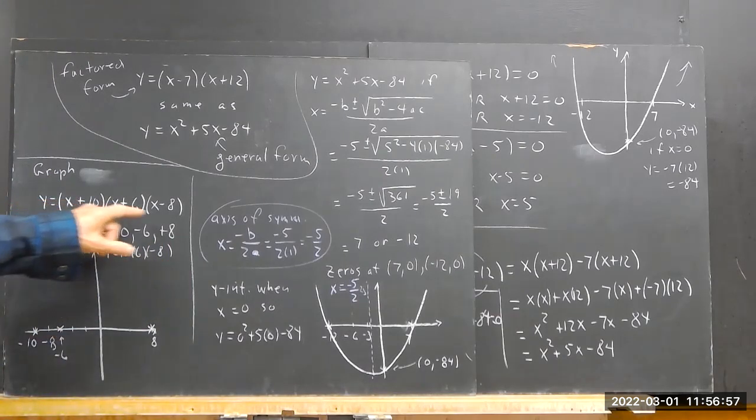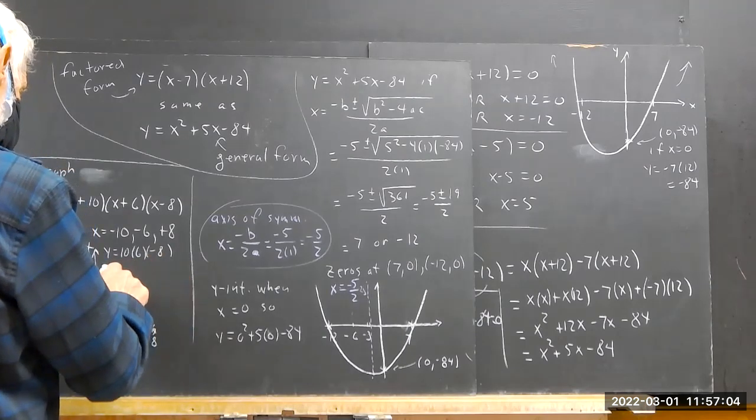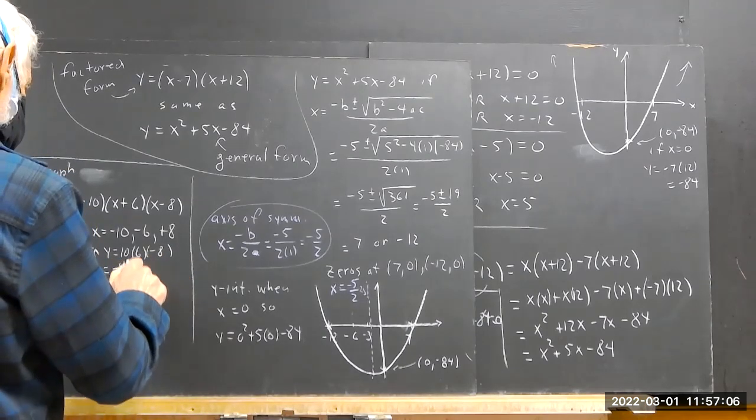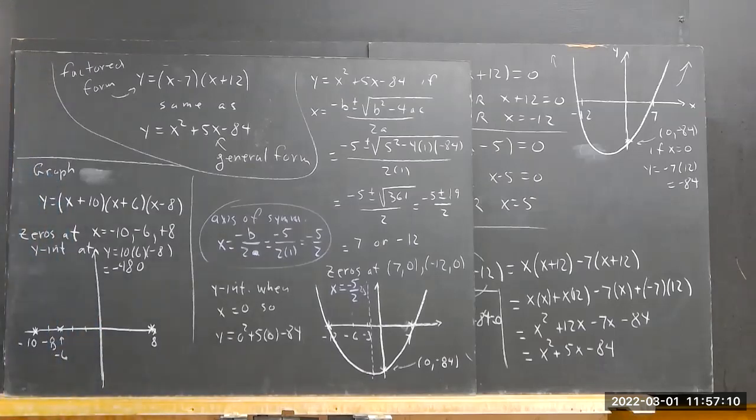Because, of course, we put in x equals 0, that's what we're left with, right? Then we multiply that out, we get -480. So we better hope that we don't have to use the same vertical scale that we do the horizontal scale, because -480 would be several feet underground.